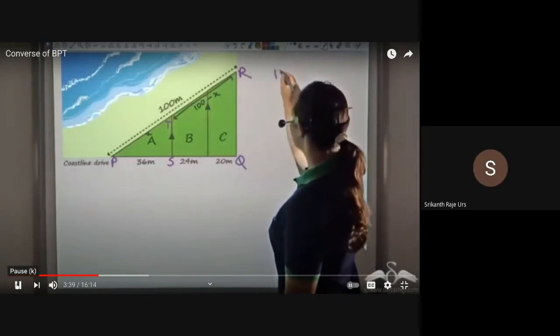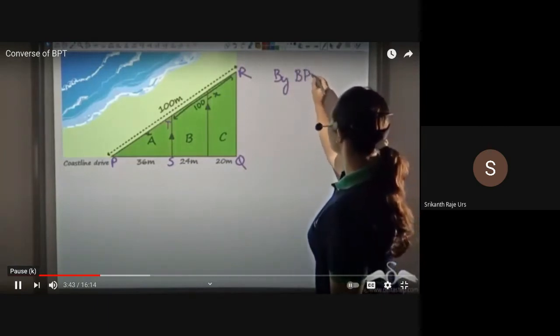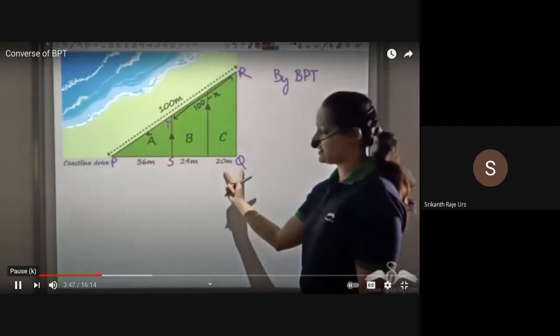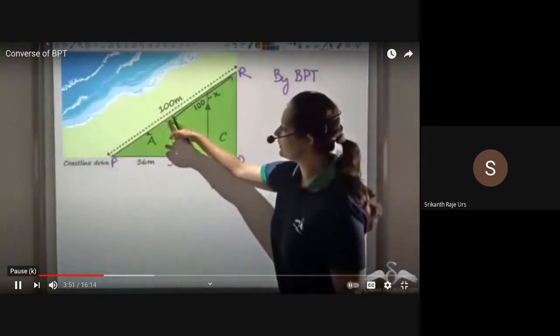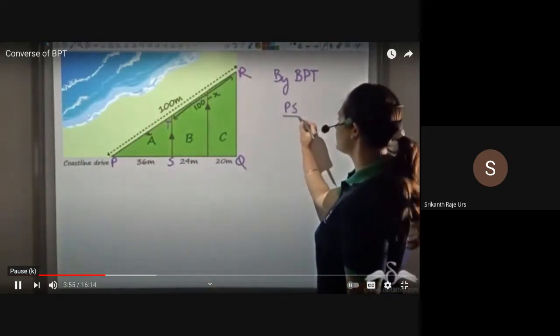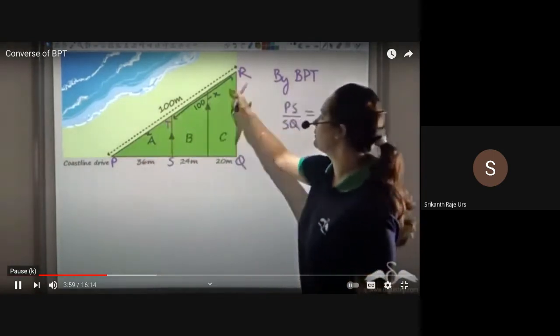I can say that by BPT, which is the basic proportionality theorem, PS by SQ should be equal to PT by TR.